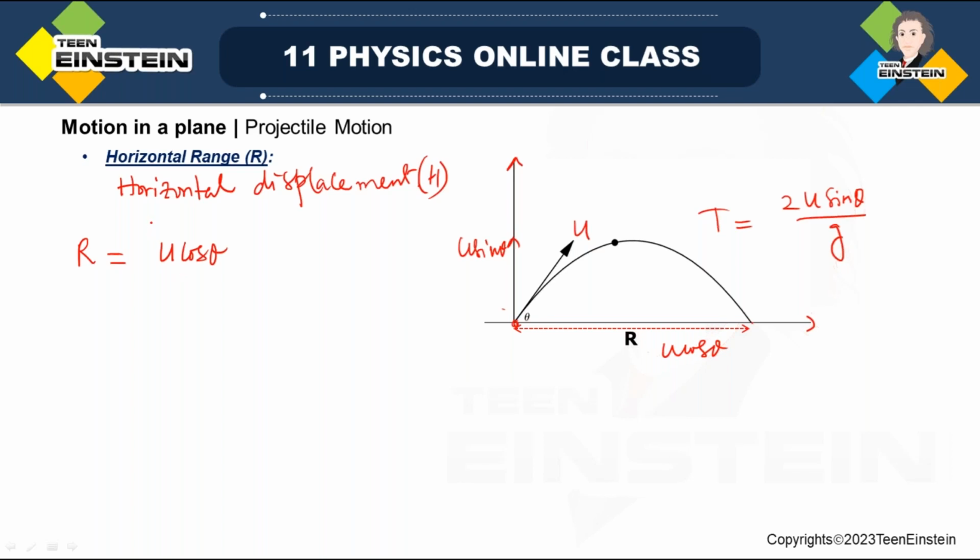So u cos theta, this is the velocity in the horizontal direction into the time t, that is the time of flight. So we get 2u cos theta into t is this much.